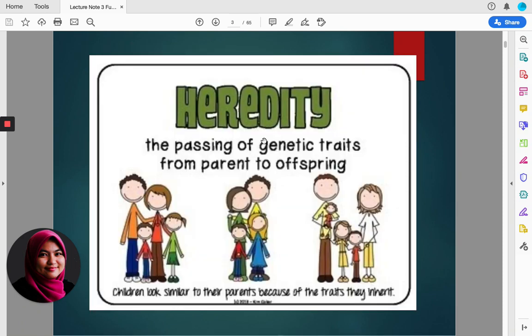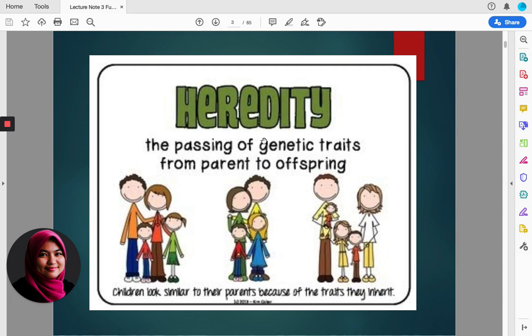If you talk about heredity, here is a picture that portrays what heredity is all about. Heredity is the passing of genetic traits from the parents to the offspring. If you look at the picture, you can see the parents have two different physical characteristics, whereby the children inherited some of the physical traits, such as the black hair, the brown hair color, and the height.